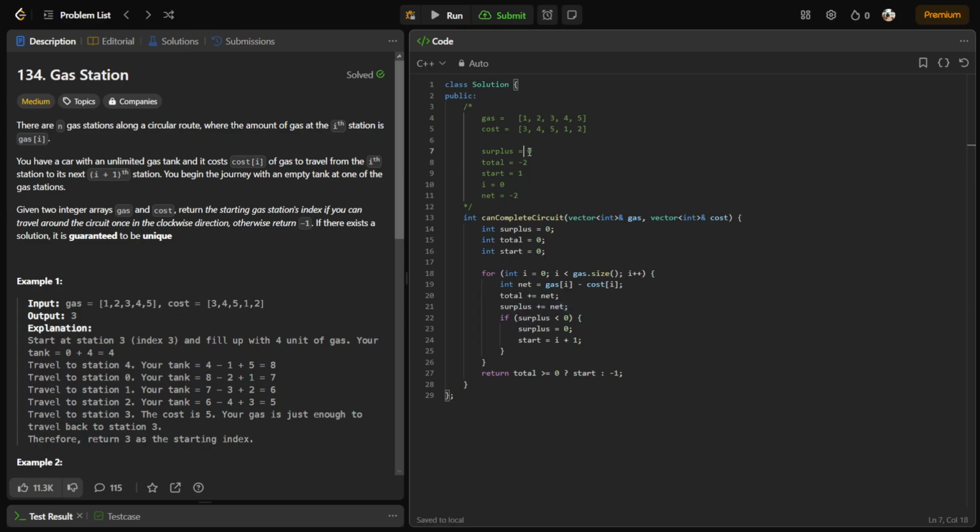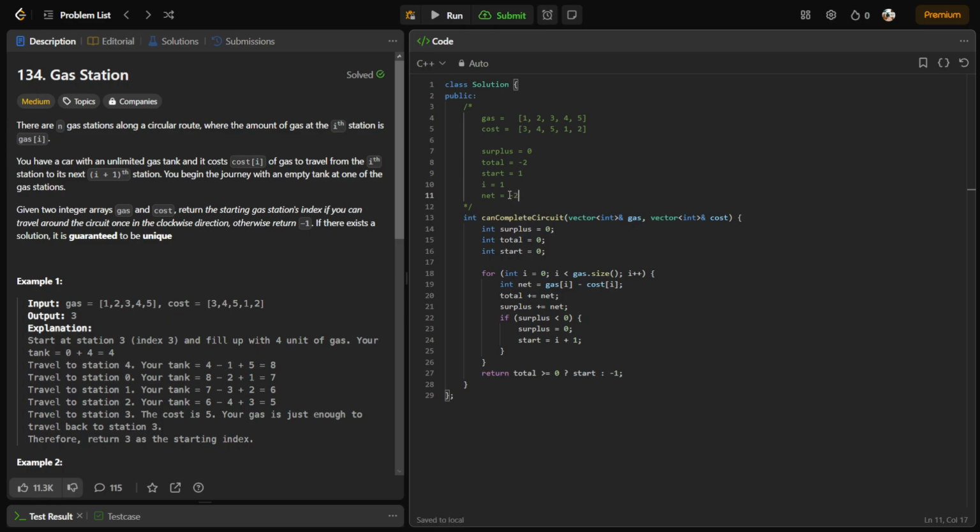Surplus was -2, and then it becomes 0. Next I increment by 1 and calculate the net again. In this case the net is gas, which is 2, minus 4. So this net is -2.